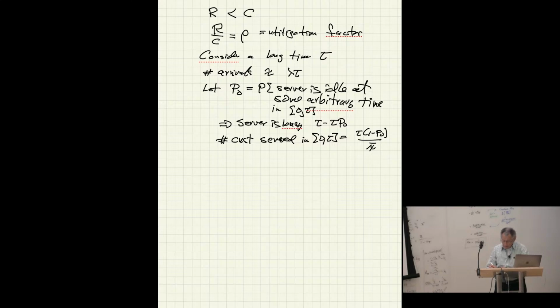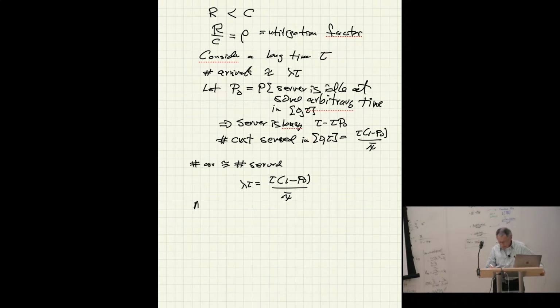So the number of arrivals in that interval is approximately equal to the number served in that interval. So lambda tau, the number that arrived, is equal to the number served, which is tau times 1 minus p0 over x bar.